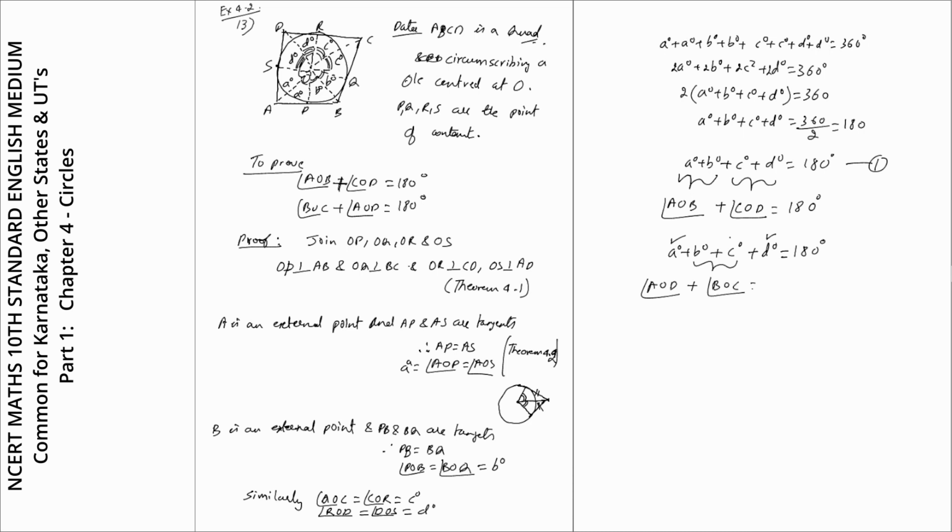So here the opposite sides BC and AD make angles such that the sum of their angles is equal to 180 degrees. So this I'll mark 2, 3. So 2 and 3 establish the proof. That completes this one.